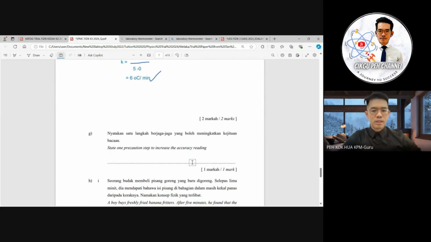Then precaution, give method plus reason. So this one, you read the scale of the meter.